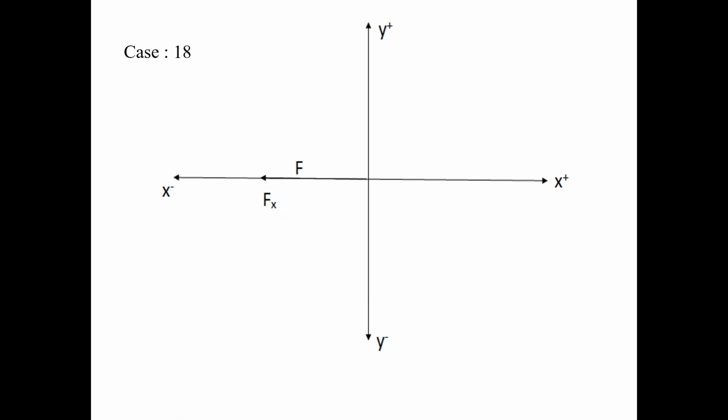In the condition 17, it is the positive projection. In the condition 18, it is the negative projection because that force F is acting towards the negative x-axis. So here the projection Fx is equal to F because the force F is acting along the x-axis. So Fx is equal to F and the y-axis projection Fy equal to 0 because the force F is acting on the x-axis.